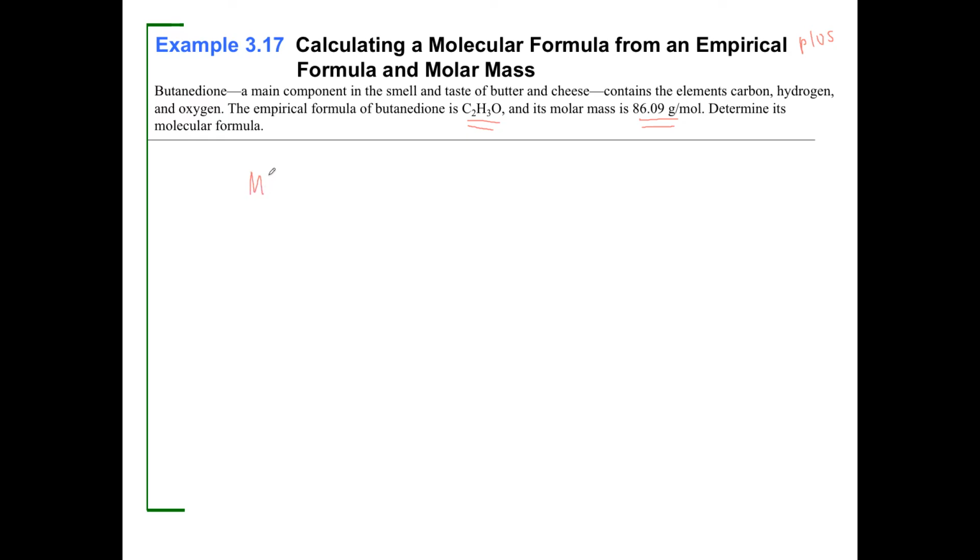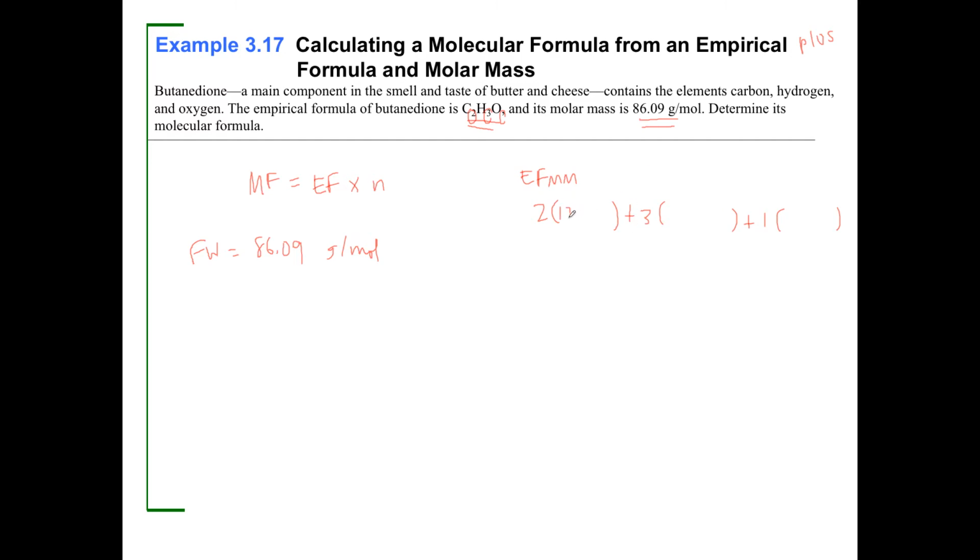So we know that the molecular formula is equal to the empirical formula times some number. The molar mass is 86.09. Let's find the empirical formula molar mass real quickly. That's going to be 2 times carbon plus 3 times hydrogen plus 1 times oxygen. 2, 3, and 1.